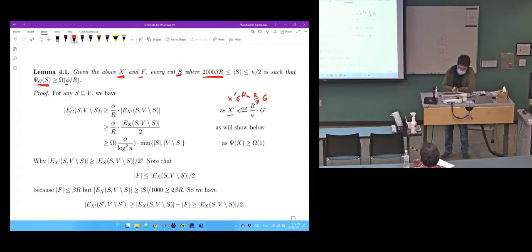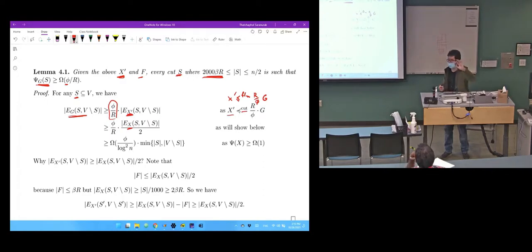So now you just compare that. Look at any cut: the cut size in G is at least the cut size in X prime with this factor. Now, actually, I'm gonna say that this cut size in X prime is as big as the cut in X, actually.